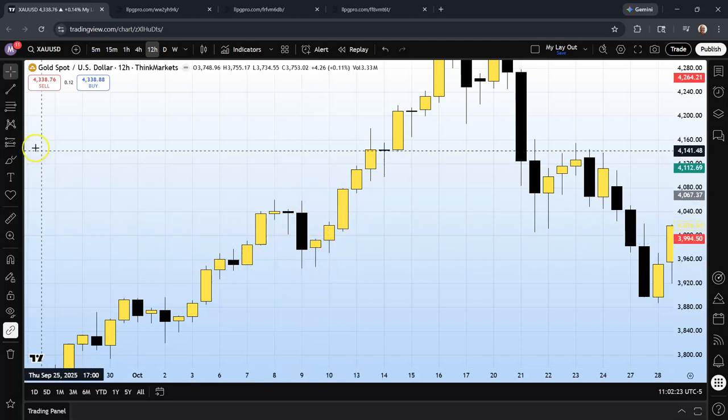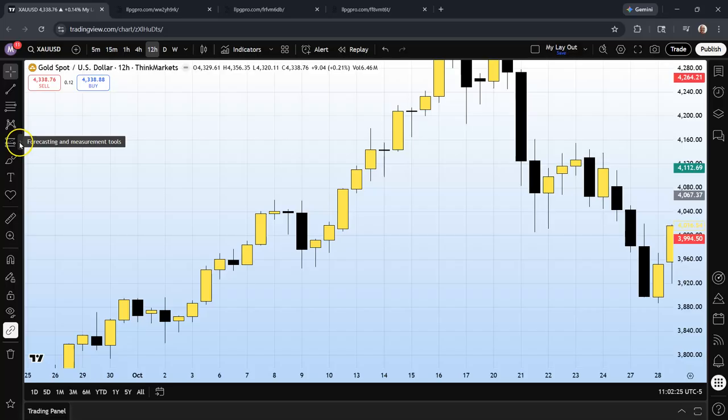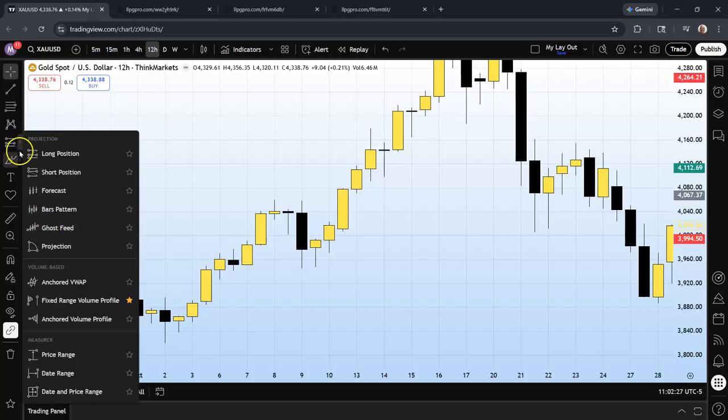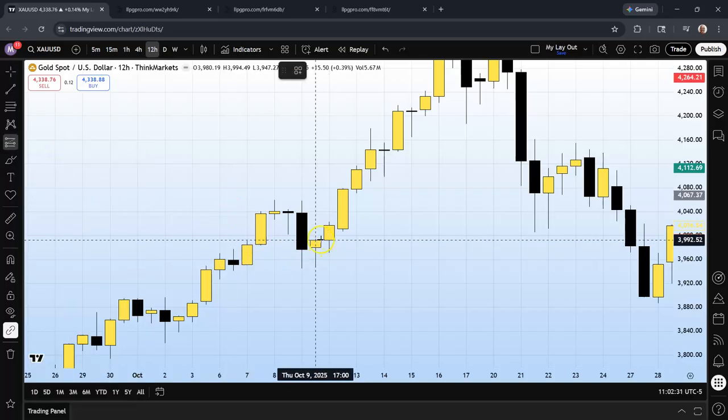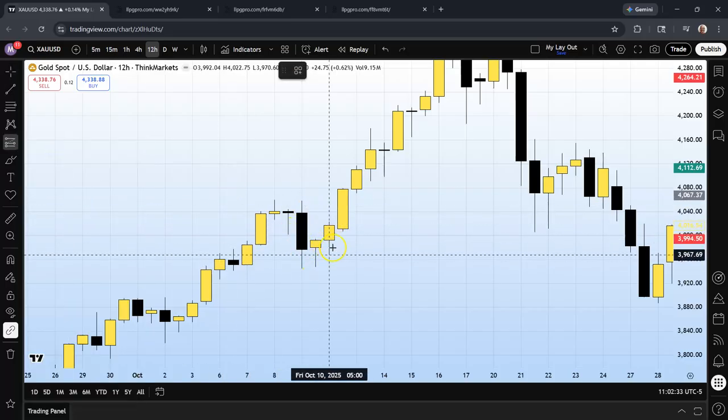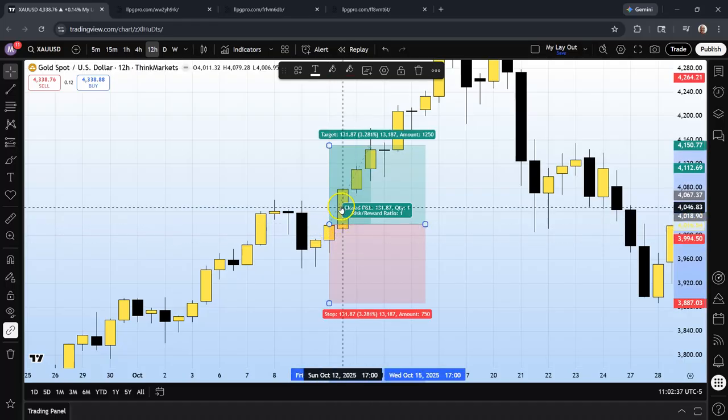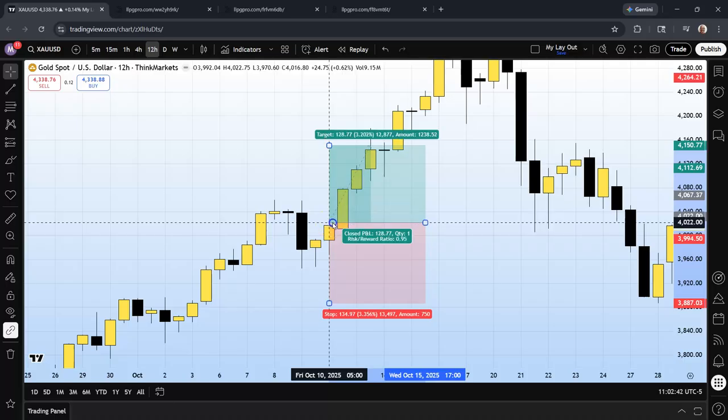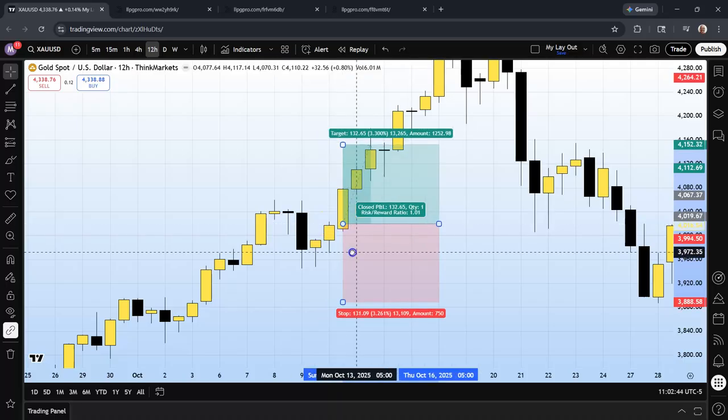Okay, so again, you would take your trade on the very next candle. So you wait for this whole setup to happen. Okay, and you place your trade here on this candle, on that candle.